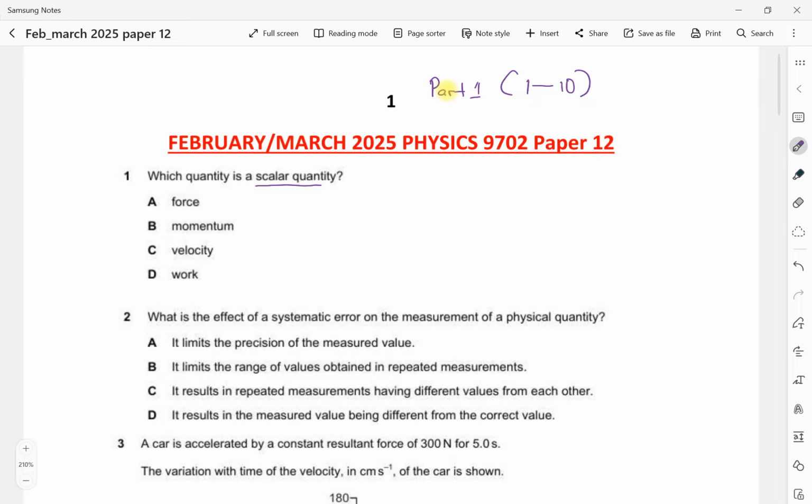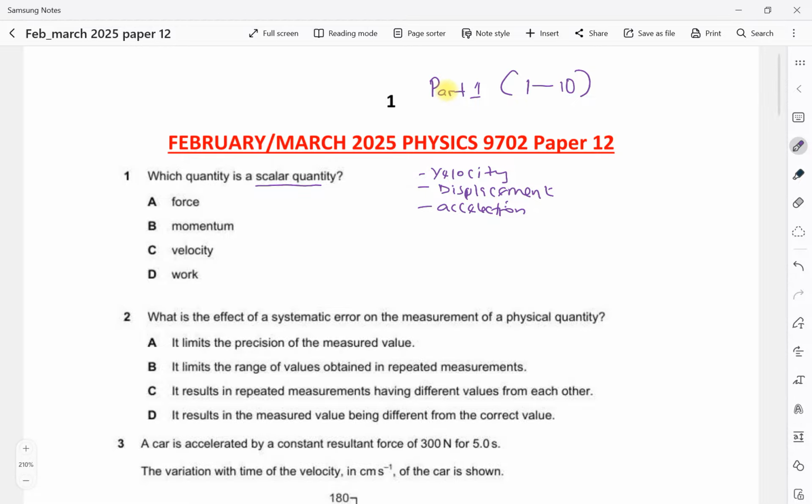For example, in kinematics, you have velocity, displacement, and acceleration.